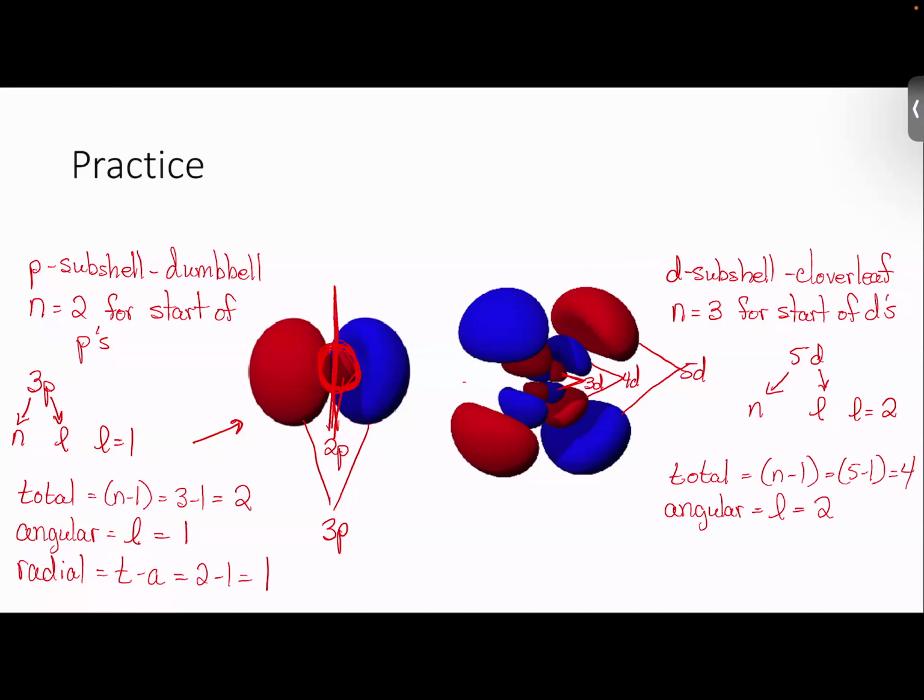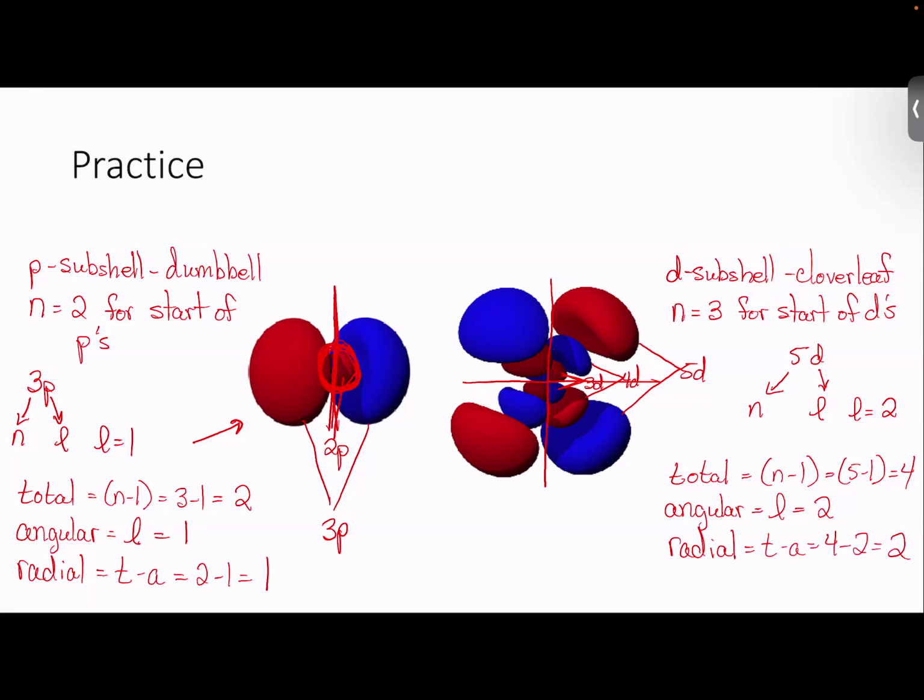Those angular nodes are on the axes between the 4 leaves of the clover. Then the radial nodes, radial is going to be the total minus the angular, or in other words, 4 minus 2.